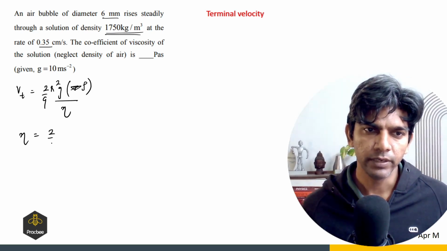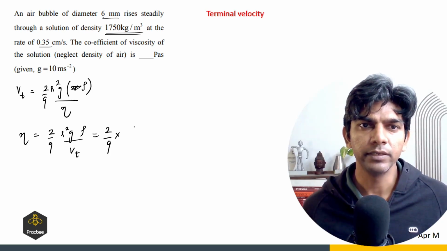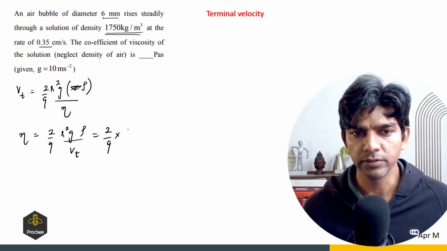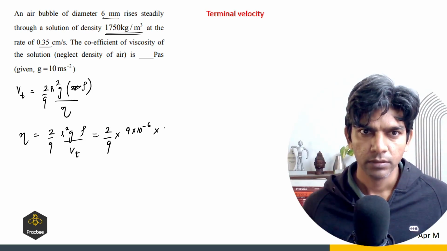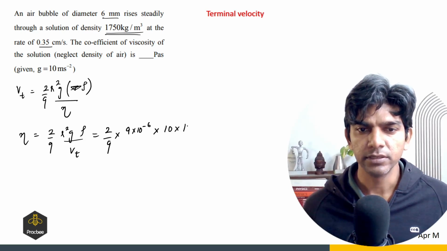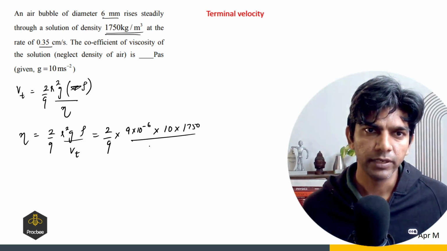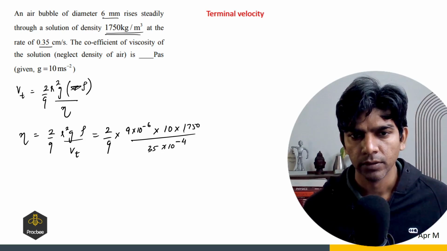So eta will be 2 by 9 r square g rho by vt. So 2 by 9, the diameter is 6 millimeters, so the radius will be 3 millimeters. So 9 into 10 raised to power minus 6. g is 10, density is 1750, and terminal velocity is given as 35 into 10 raised to power minus 4 meters per second.